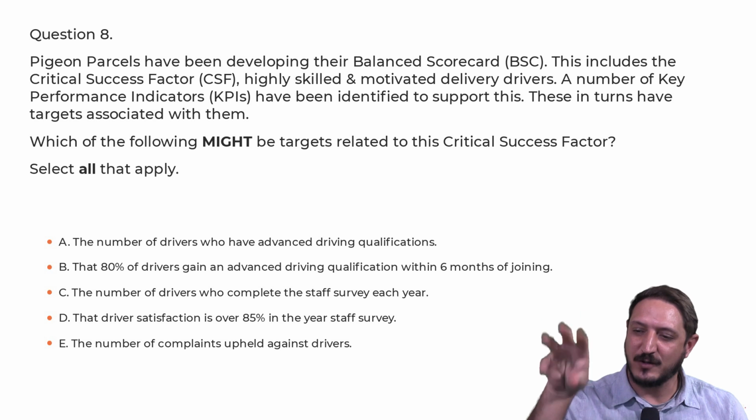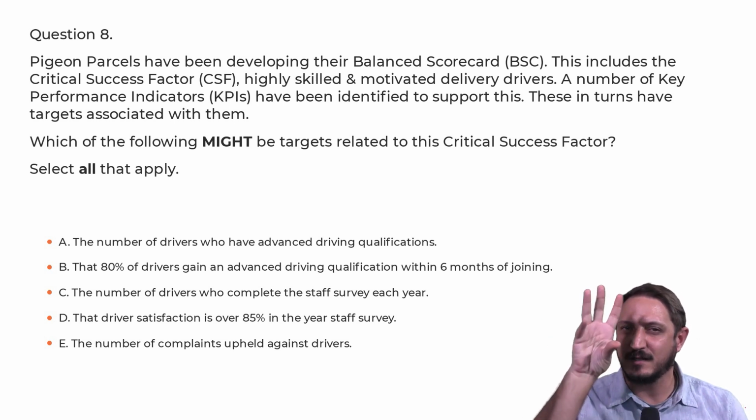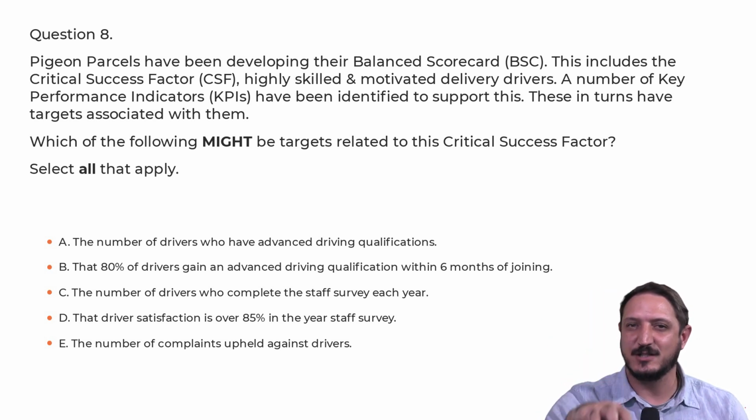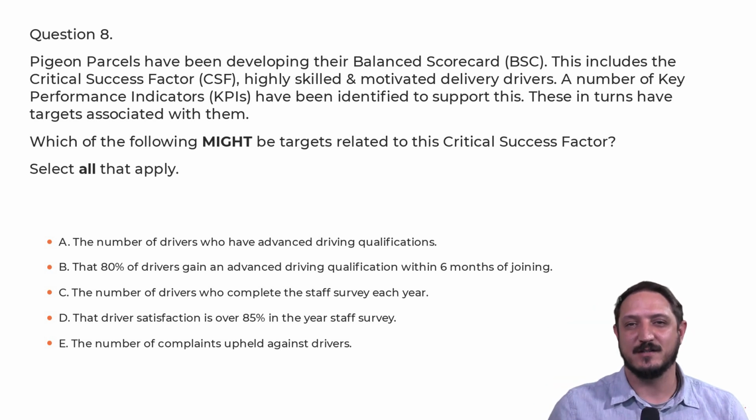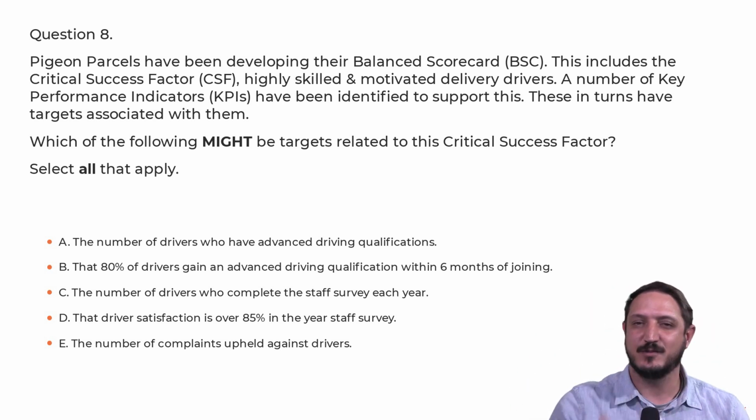Then we can develop strategic objectives for each of these areas, and create measures for all these objectives. Once we've defined what we're going to be measuring towards these objectives, we can then define what the actual targets are.